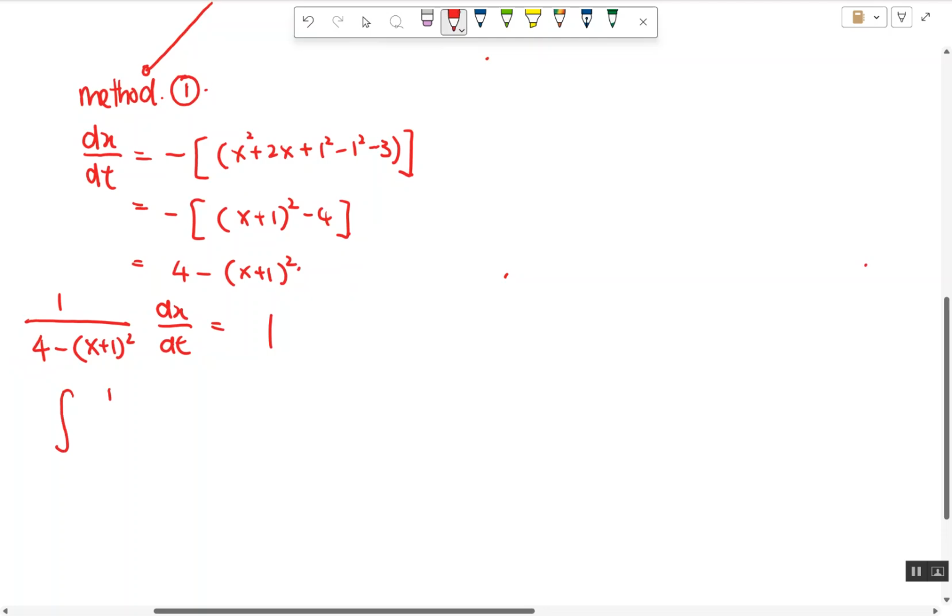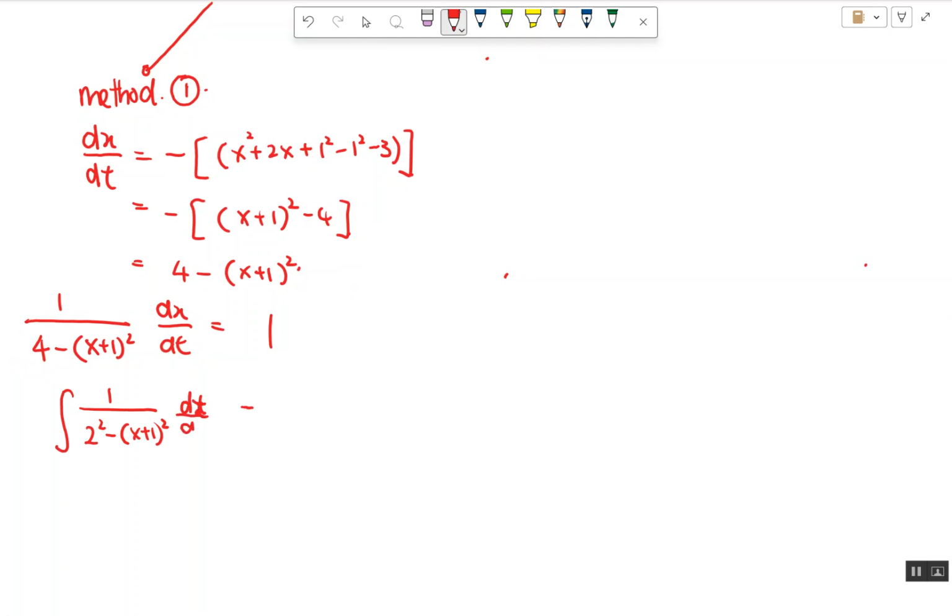Integrate dt on both sides. 1 over 2 squared minus (x plus 1) squared dt is equal to, why dt? Because by right it is dx/dt, and then I cancel it, I get dx, equals the integral of 1 dt.